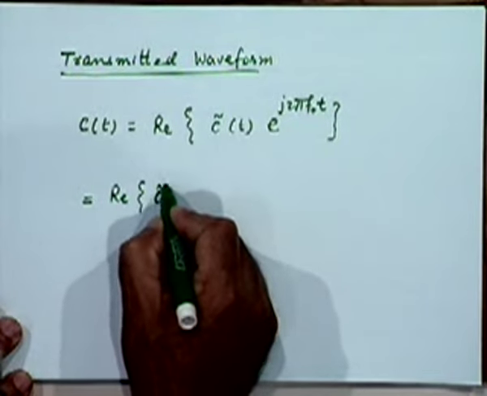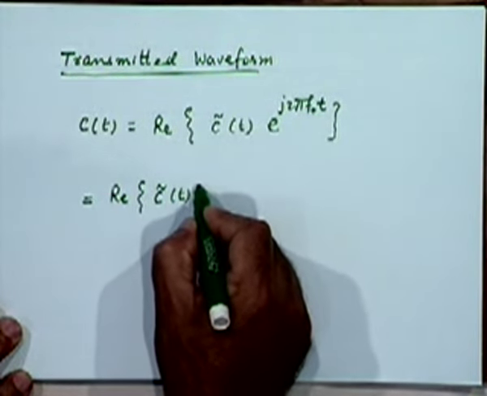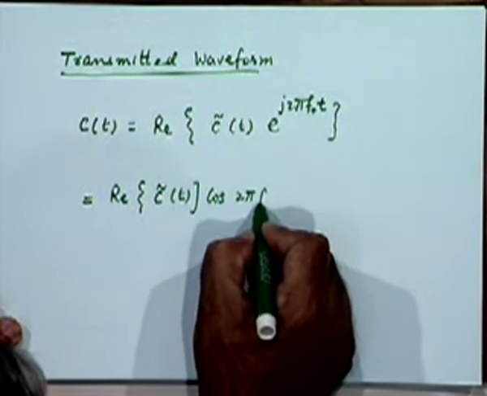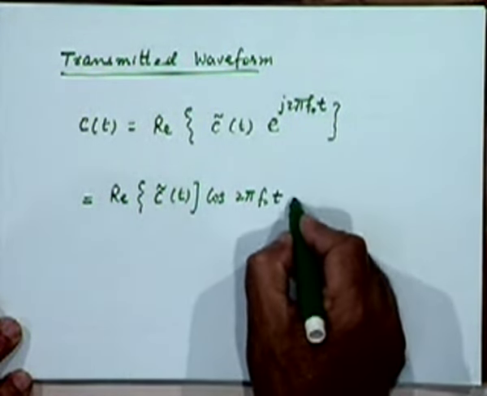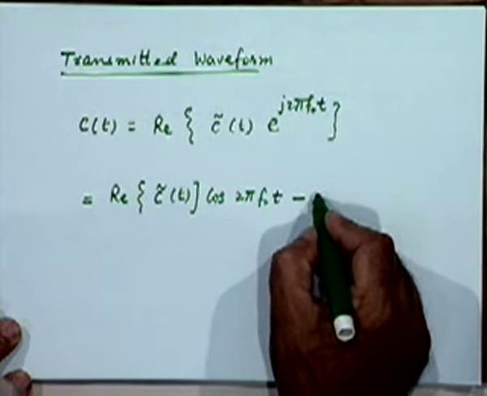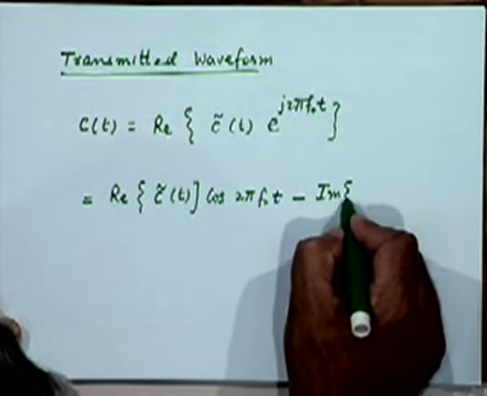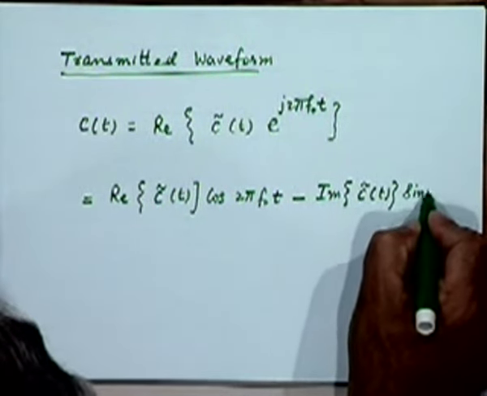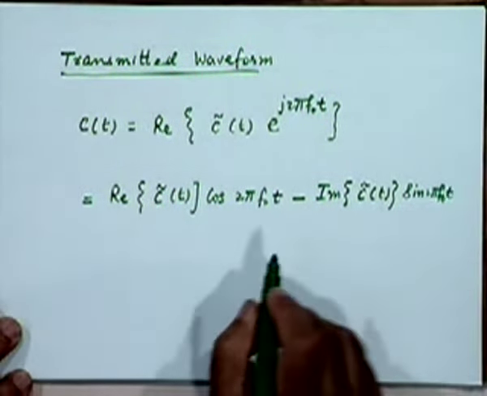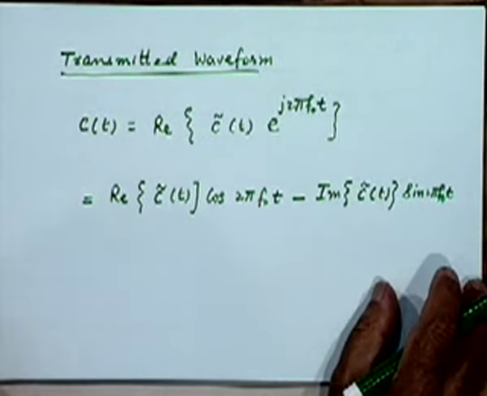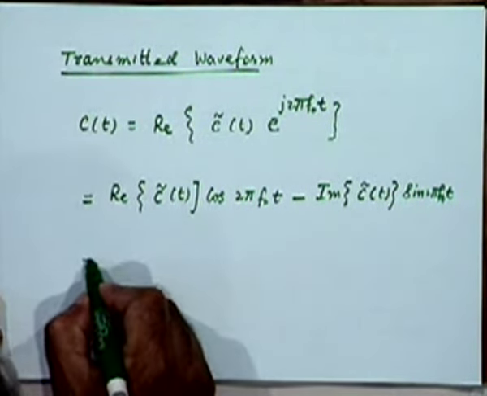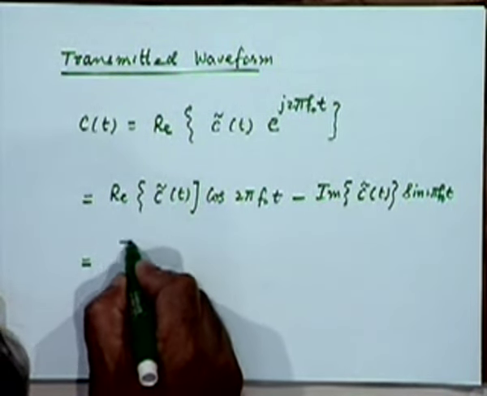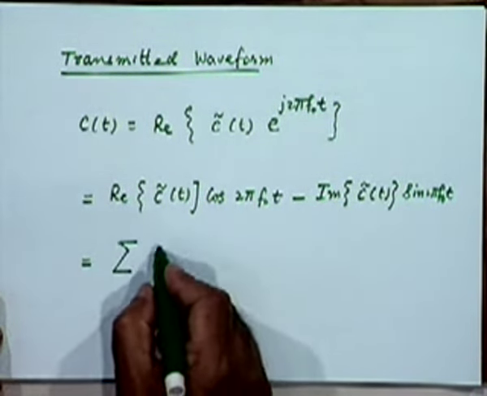This will be the real part of c bar(t) times cosine 2πf0t, minus the imaginary part of c bar(t) times sine 2πf0t. This is the quadrature signal that we are finally transmitting, right, which we can represent in terms of data by just going through it further.